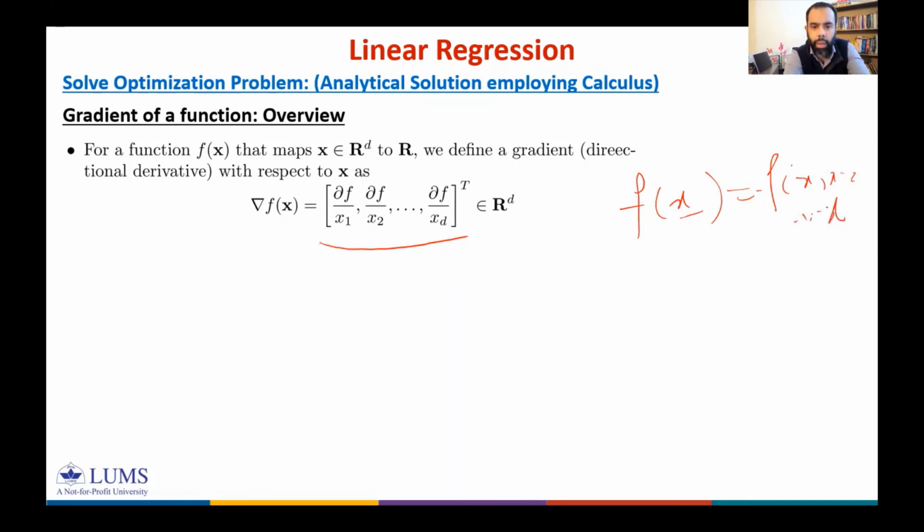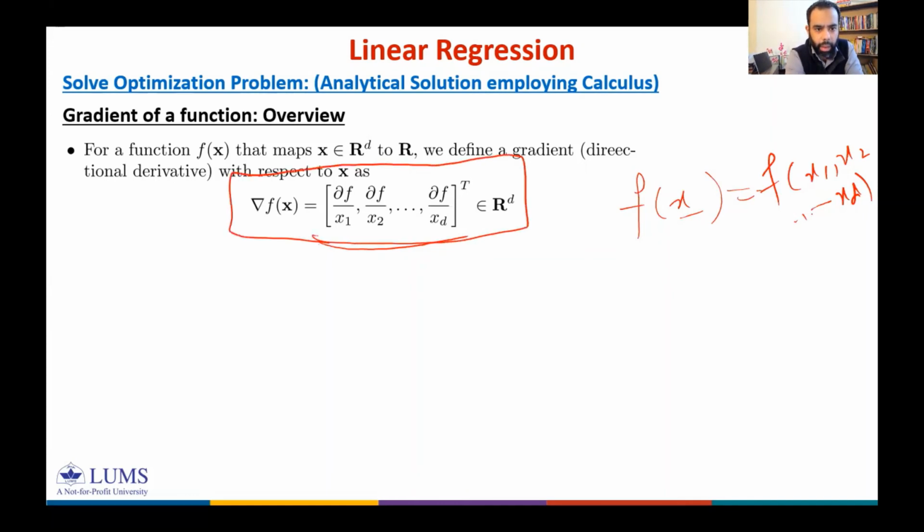You take the partial derivative of f with respect to x1, you get the first component of gradient. You take the derivative of f with respect to x2, you get the second component of gradient. Since f is a mapping from R^d to R, your gradient would be a vector in R^d.